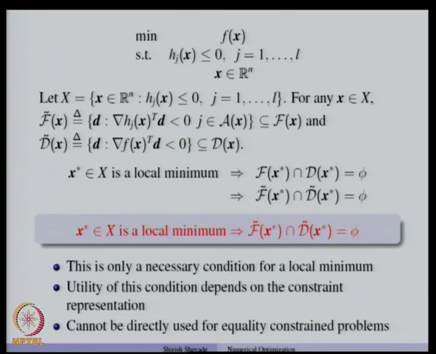This is a very important point that needs to be remembered. Now, the utility of the condition depends on the constraint representation. So, let us look at some example.